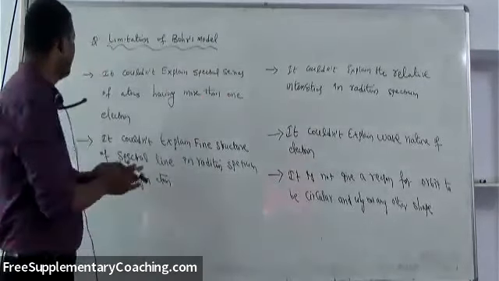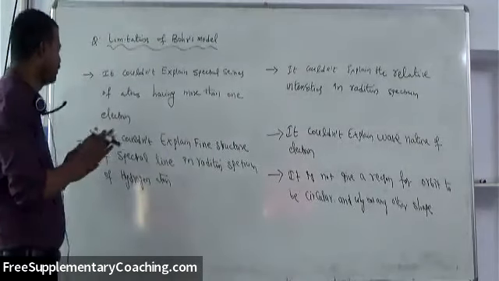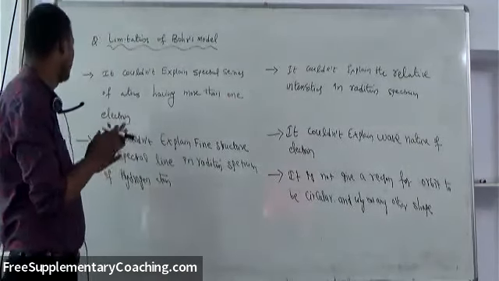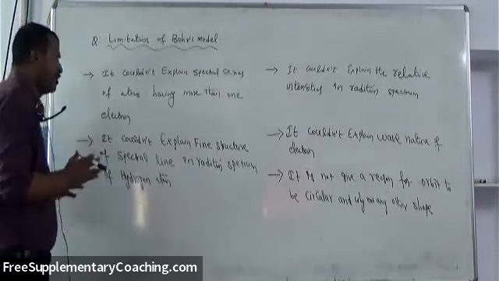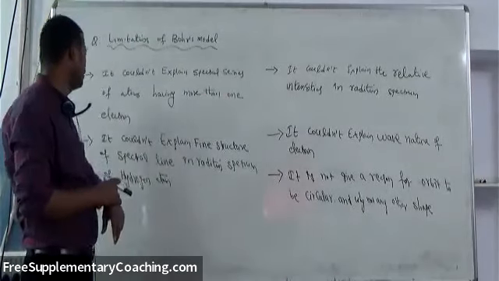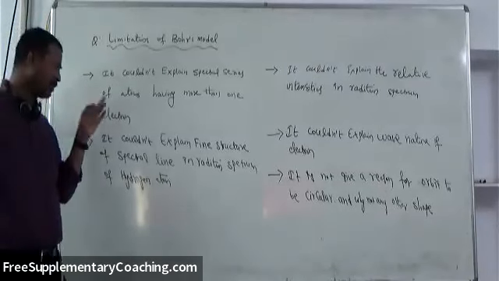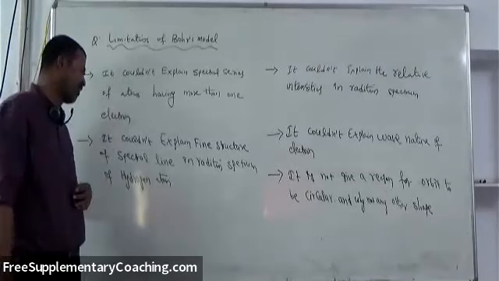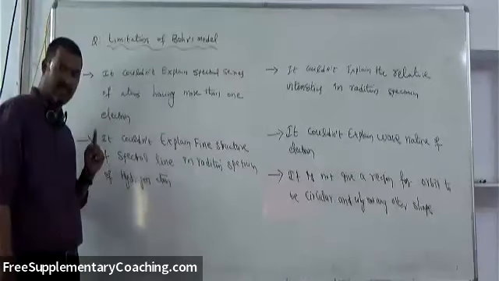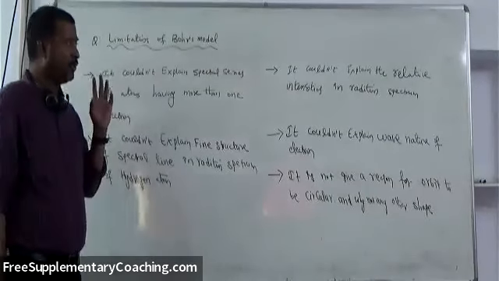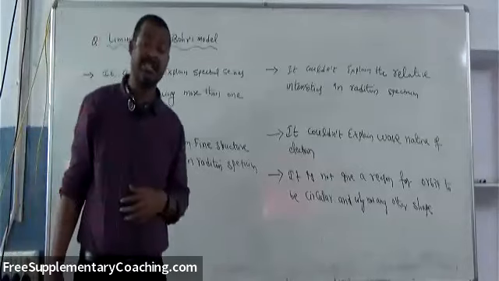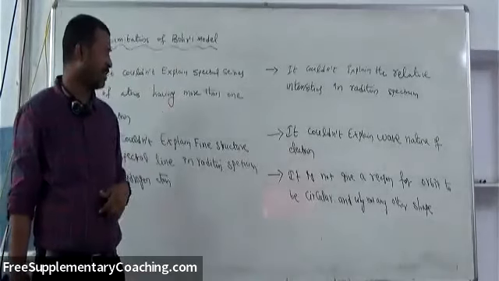Students, is it clear? Limitations of Bohr's model, one of the important questions, also came in the last exam. It could not explain the spectral series of atoms having more than one electron. It could not explain the fine structure of spectral lines in the radiation spectrum of the hydrogen atom. It could not explain the relative intensities in the radiation spectrum.